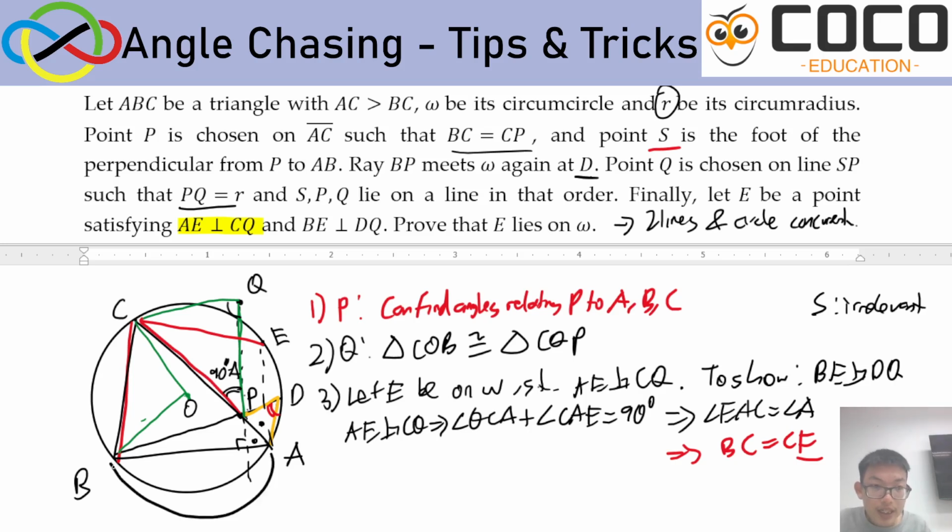Now this arc AB, its measure is 2 angle C. This arc here is 2 angle A, and the rest of it is 2B. But I can further say that I know that this portion here is also 2A because BC equals CE.